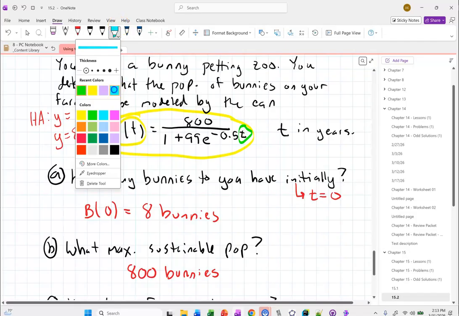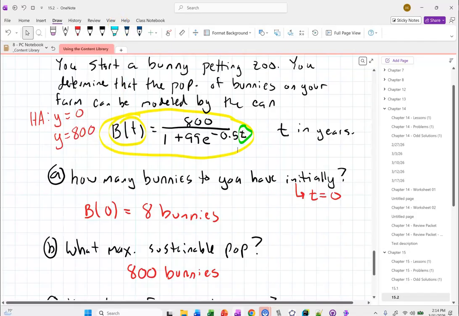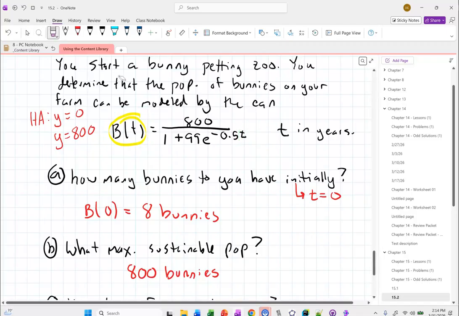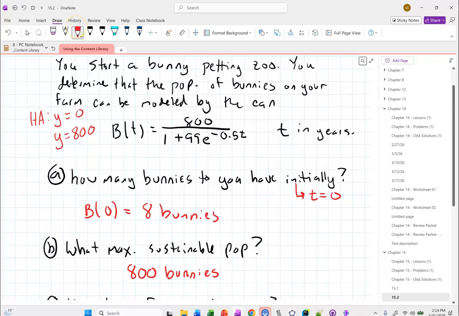In part C, we are given the B(t), and we're looking for the t. So the function doesn't work in that way, where if we're given an x, it's really easy to find the y. You just plug the x in. If you're given the y to find the x, you have to solve. And we haven't discussed algebraically what you would need to do to solve for an exponential logistic equation.